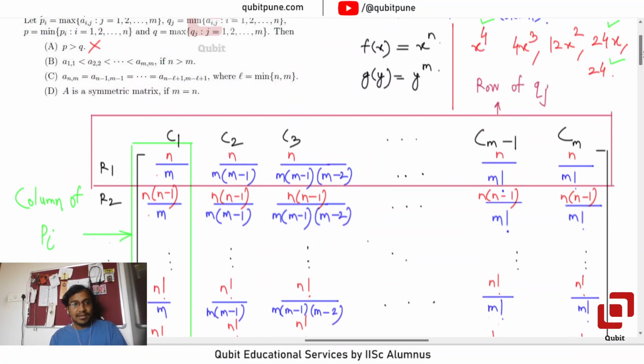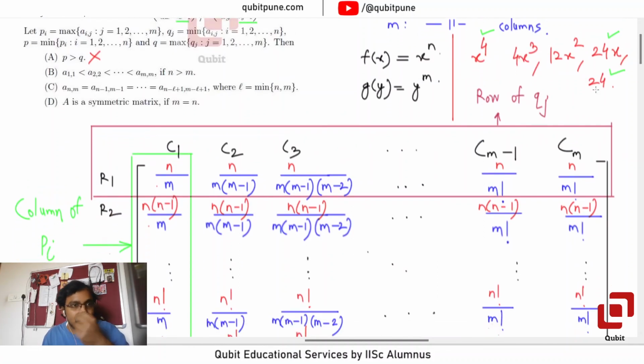Is it clear? Yes or no? Yes, sir. Okay, now let us come to option B, where they say A11 less than A22 less than up to AMM if n is greater than m. Now pay attention.